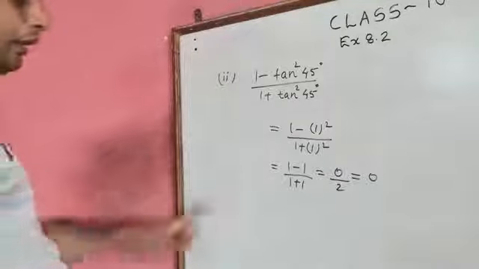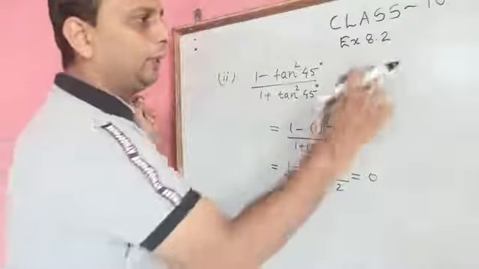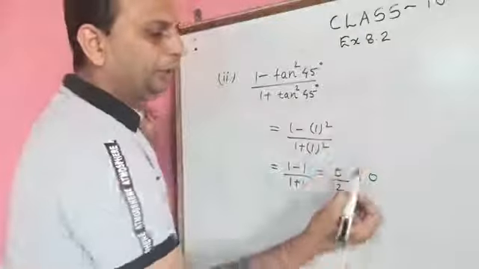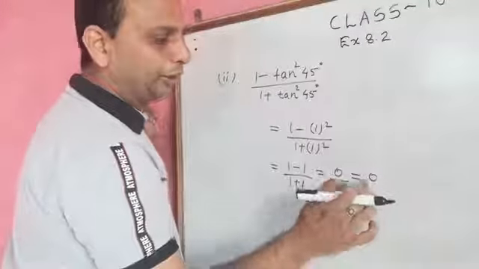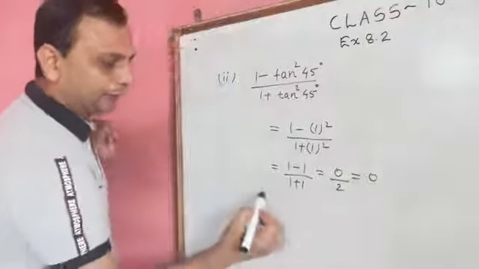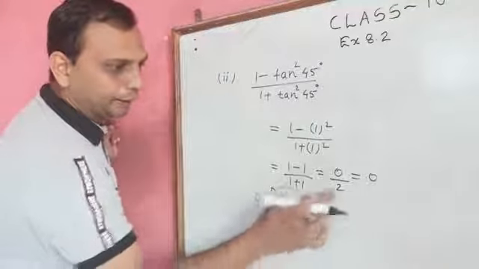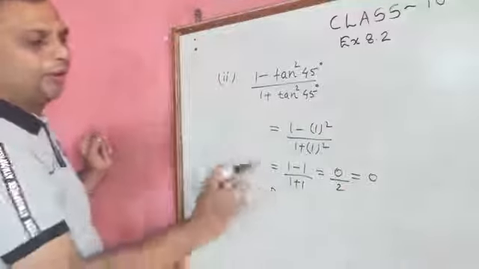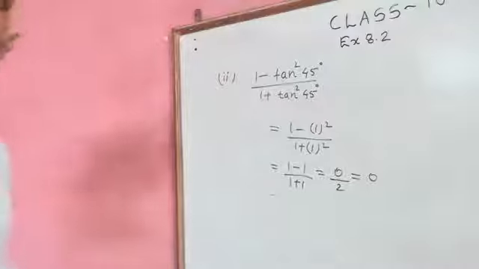Here we got 0, and in the options you can see that D has the value 0. So D is the correct answer, because the D option has the value 0. So this completes this question.